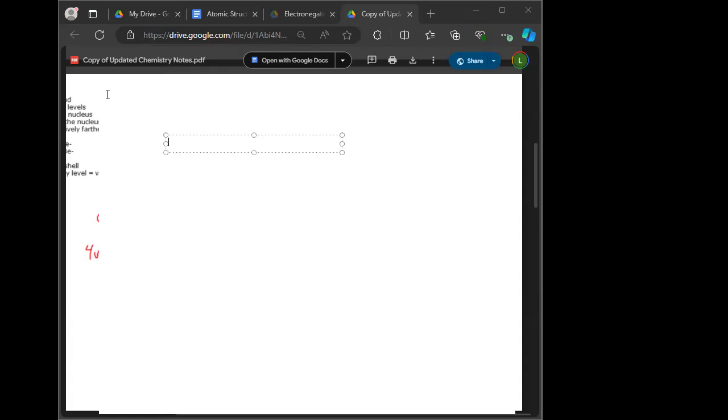Okay, so let's say a question says how many electrons are in a nitrogen ion. First of all, as soon as you see the word ion, you need to know that the final answer will not equal the number of protons.